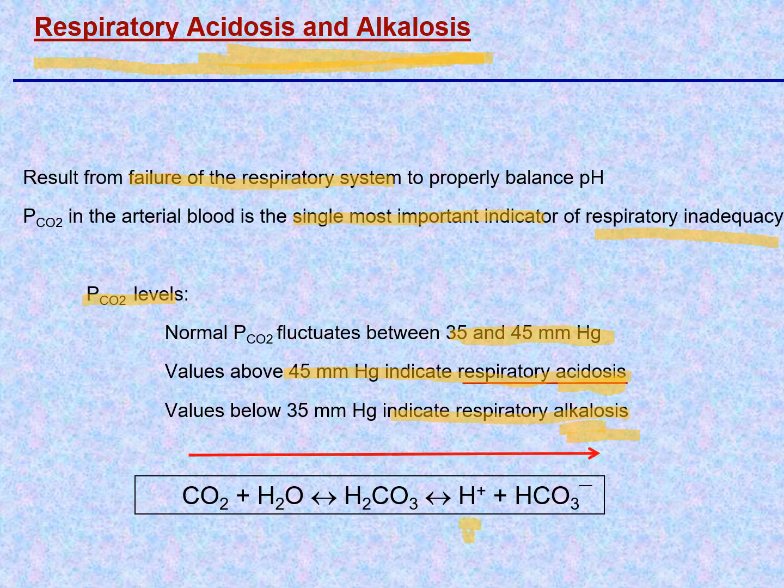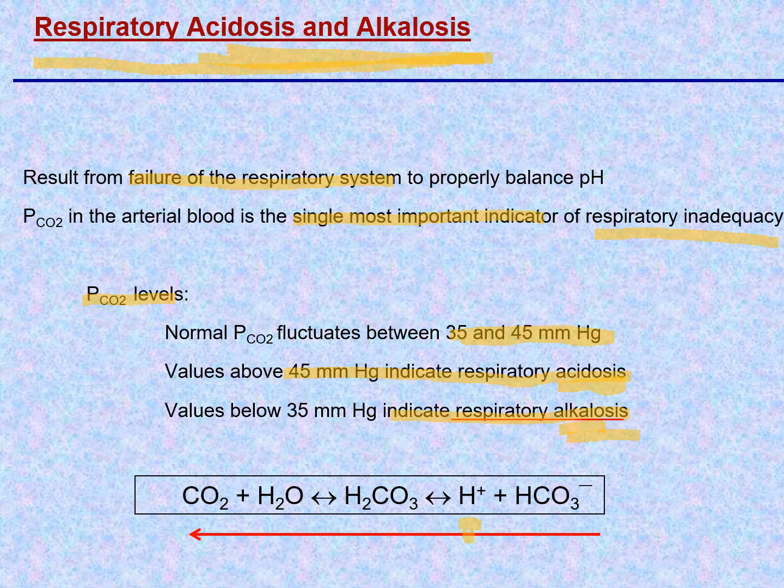And as you can see, the reaction goes that way, from left to right. And in the case of respiratory alkalosis, you have a PCO2 that's lower, and so the reaction is going from right to left, and hydrogen ions are being consumed in the production of carbonic acid that's going to CO2 and H2O, so pH is dropping as the hydrogen ions drop, and that's respiratory alkalosis.